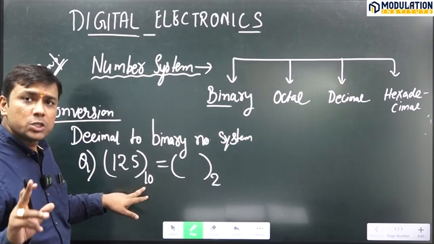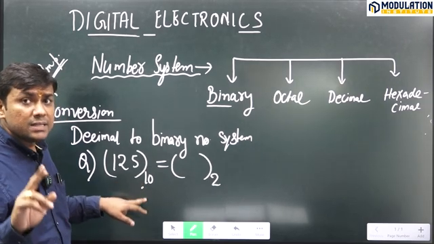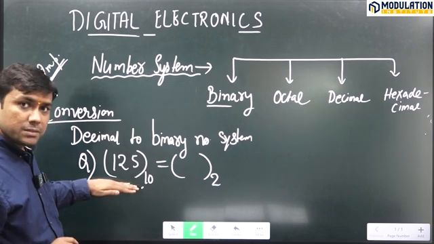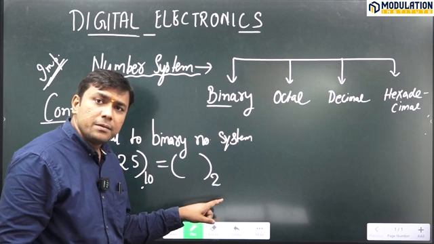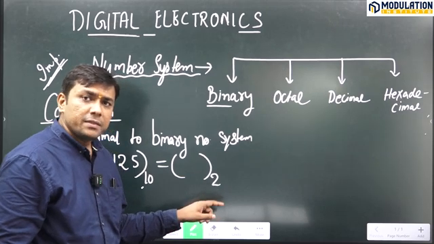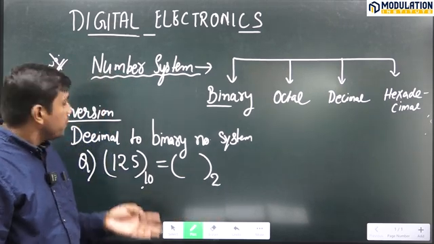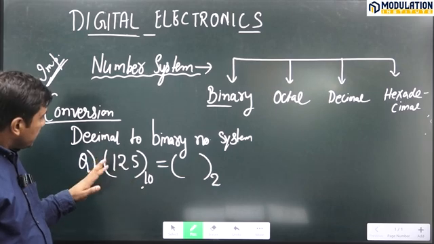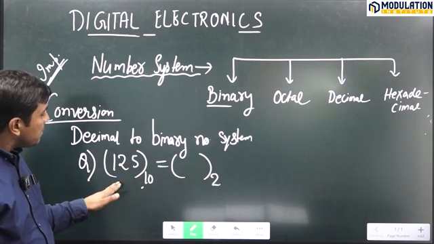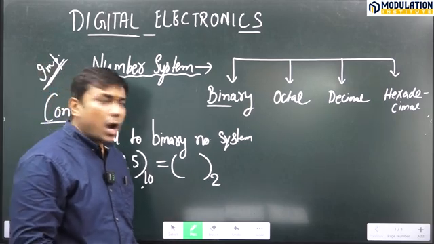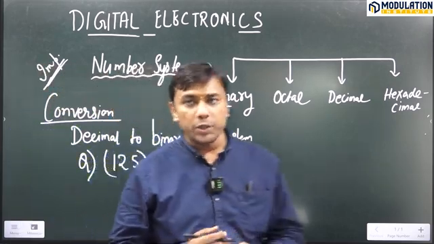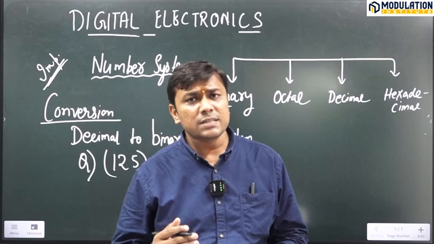You can easily understand that if the base is 10, then it is a decimal number system. If the base is 2, then it's a binary number system. Then we can easily understand that we have to convert the decimal number system into a binary number system. Now see how we can do it. It's very interesting, it's very easy as well.